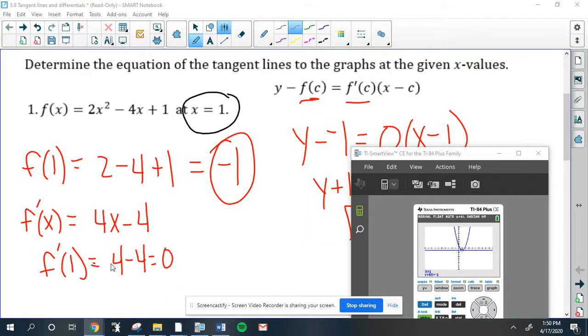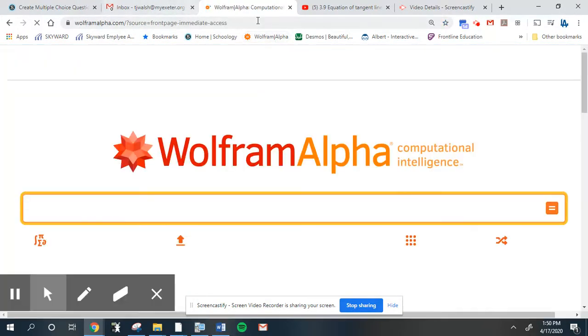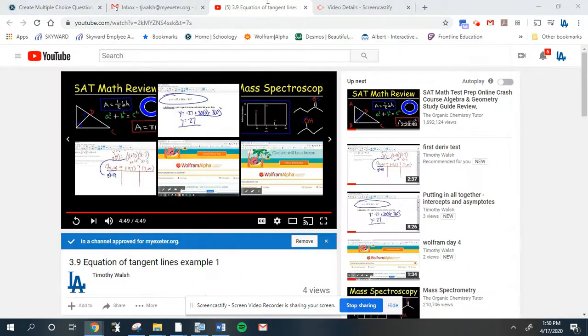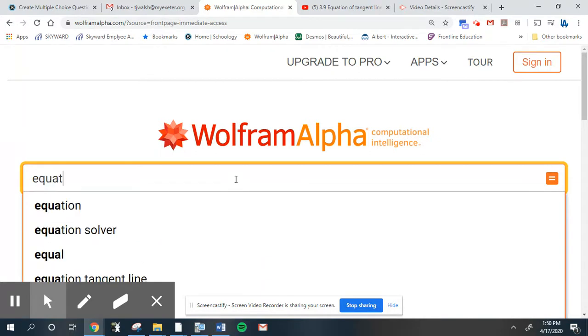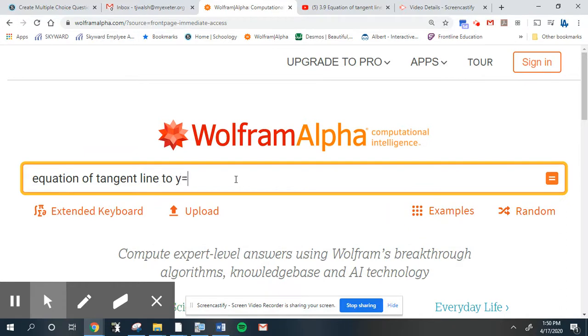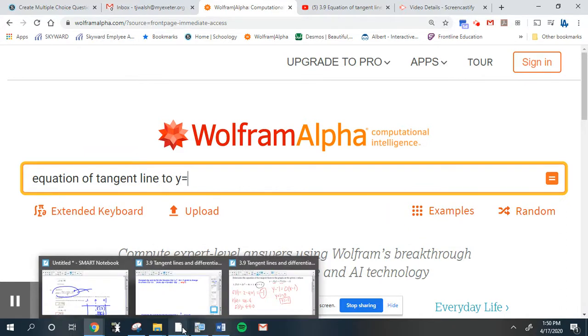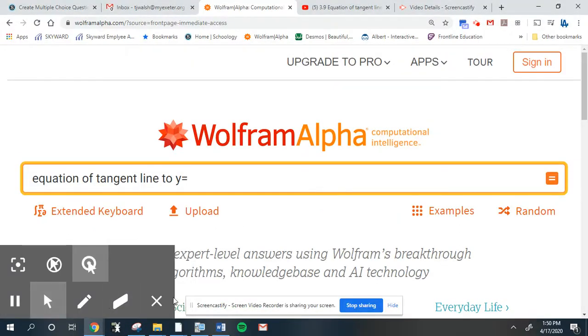So we can just open that up and tell it equation of tangent line to y equals 2x squared minus 4x plus 1, and then put at x equals 1.